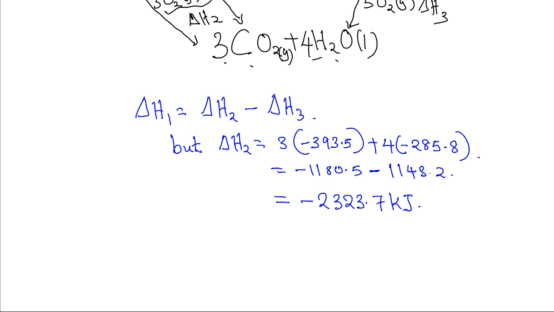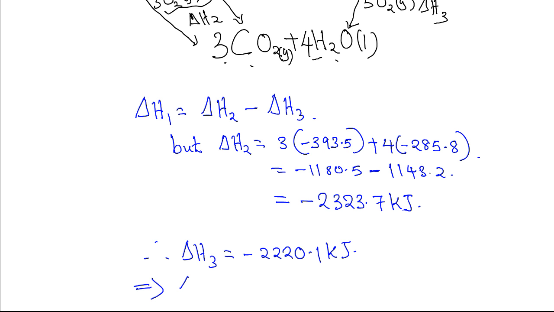Now, that is our delta H2. Therefore, our delta H3 is equals to negative 2220.1 kilojoule.